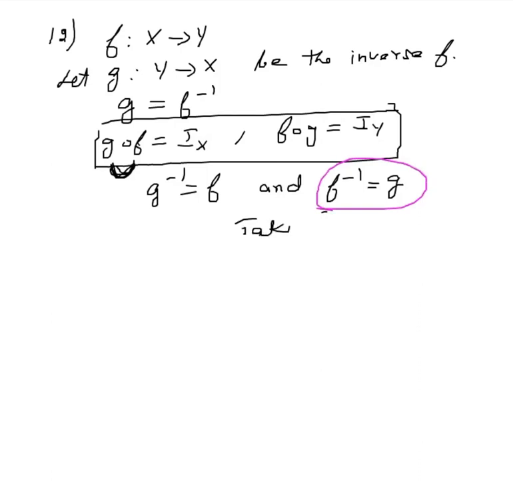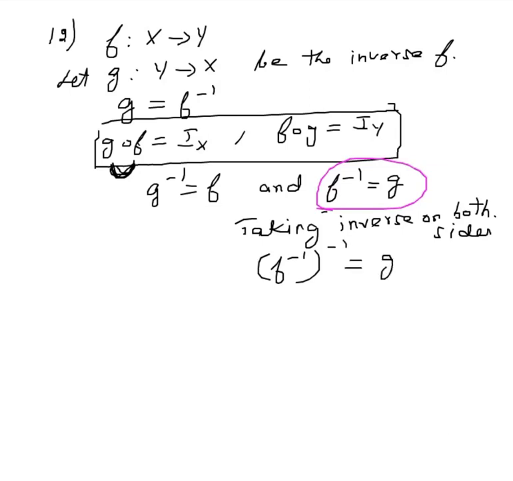So taking inverse on both sides, because g is also an invertible function, we know. We get f inverse, the whole inverse, is equal to g inverse. I will mark this as 1. From 1, g inverse is f.